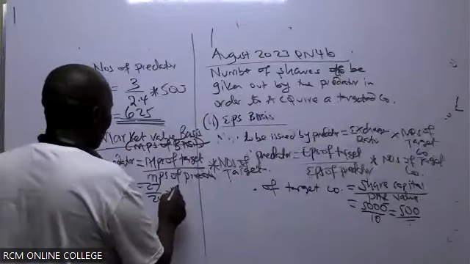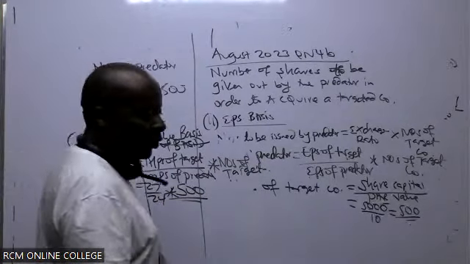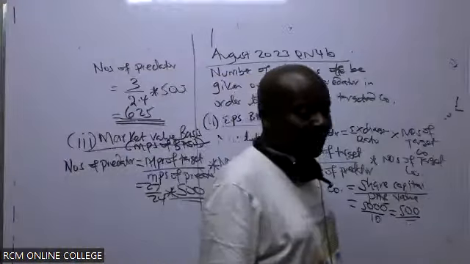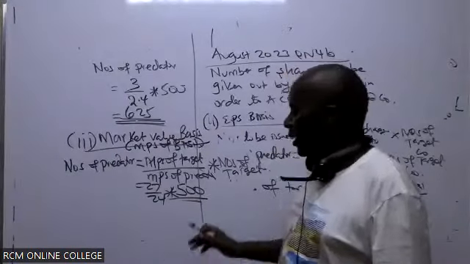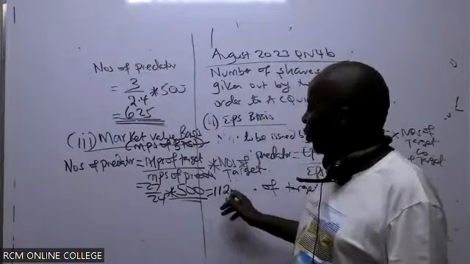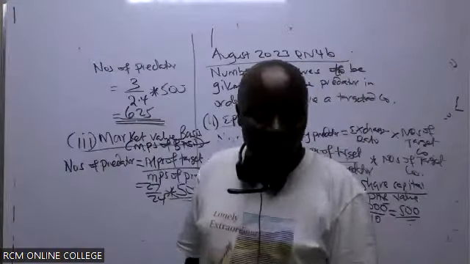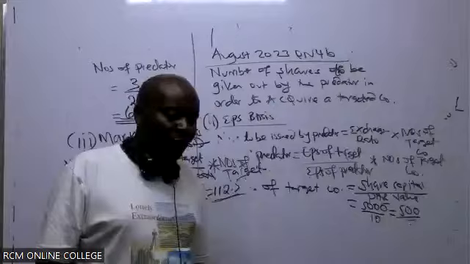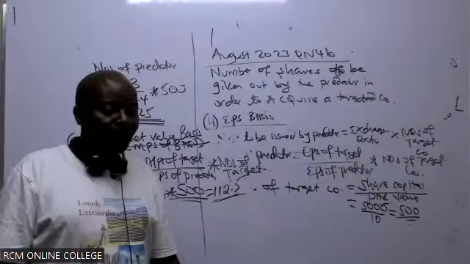The number of shares of the target company will remain as 500, which gives us 112.5.